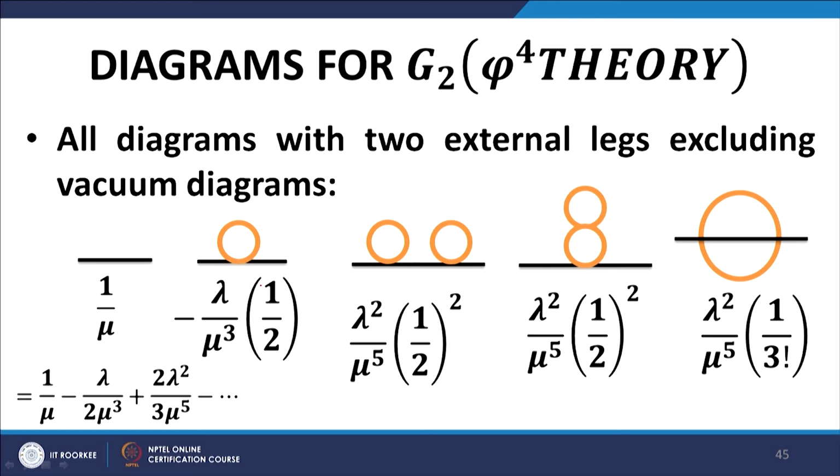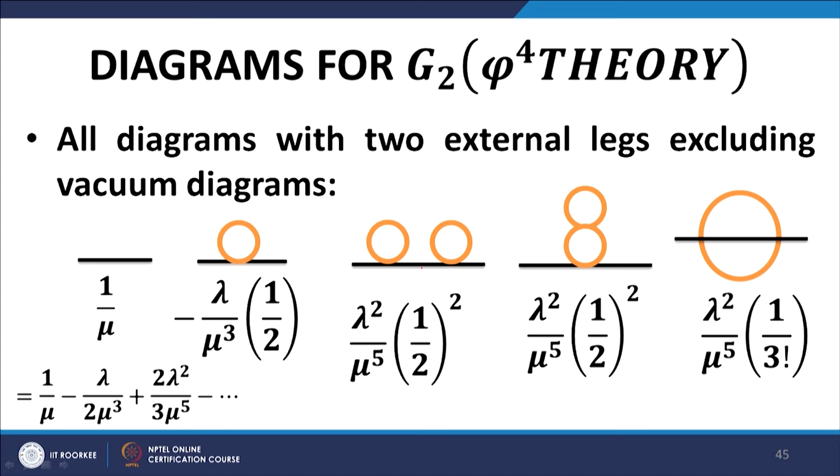And the second diagram here evaluates to lambda, lambda being this vertex, and there are 3 lines. So, it evaluates as 1 upon mu to the power 3. The symmetry factor is due to the flipping of the leaf, and similarly the other diagrams can be interpreted.